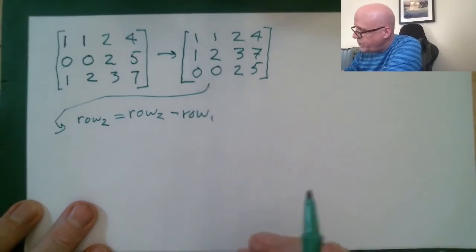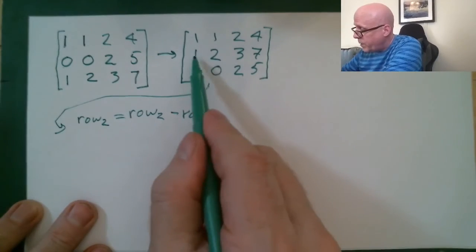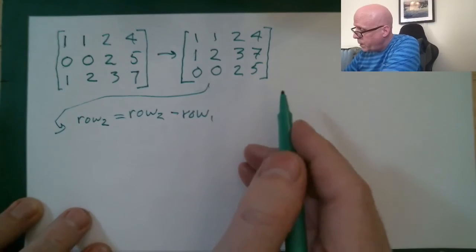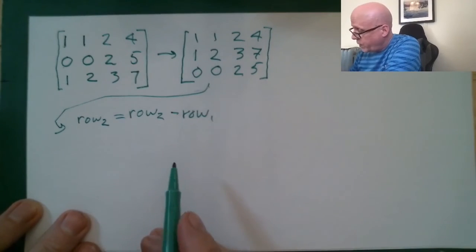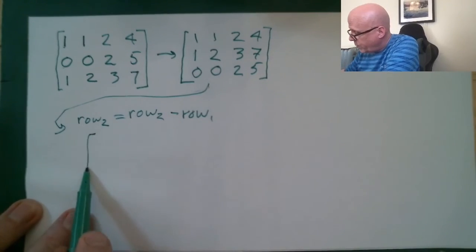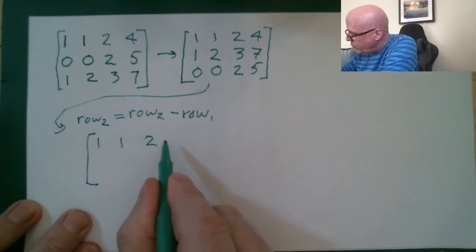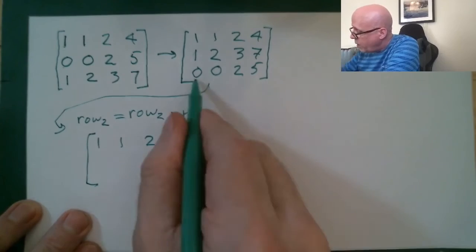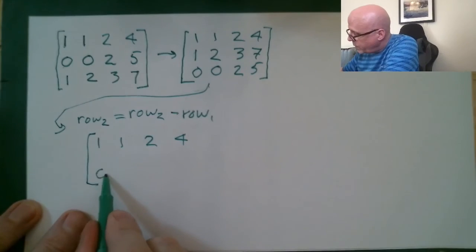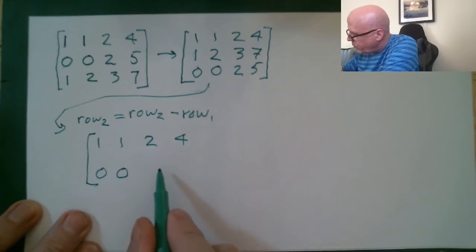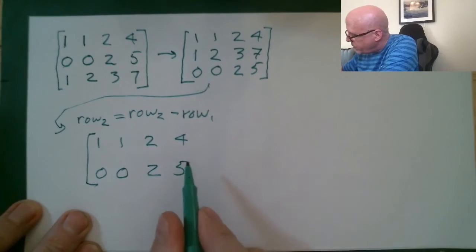What's that going to do? Well, the only purpose for it is to make this entry become a 0. Now, what are we not changing if we do that? Well, we're not changing row 1. So 1, 1, 2, 4, those go back in. We're not doing anything with row 3. 3, 0, 0, 2, and 5 stay put.